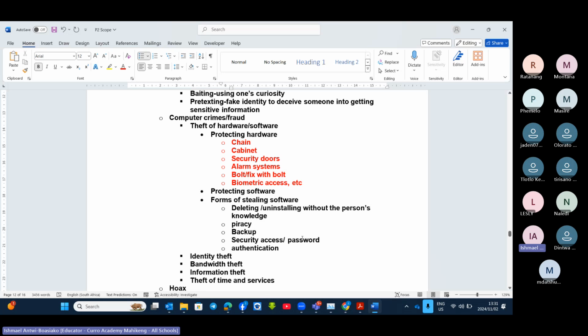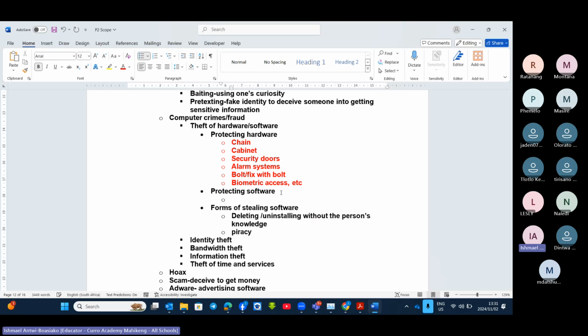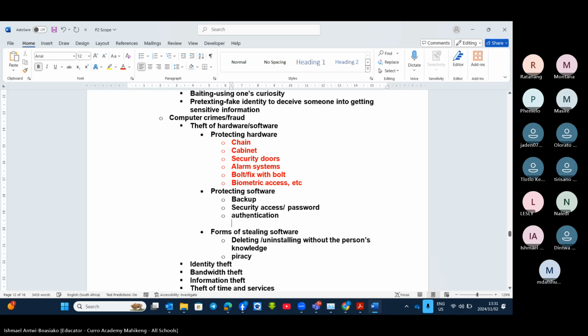Now, in all this, how do we prevent some of these things? You can prevent them by ensuring a backup policy. So you can prevent them by putting backup policies or putting security access or password. Because when you have password on your computer, nobody can easily get into your computer and delete your information or your software.